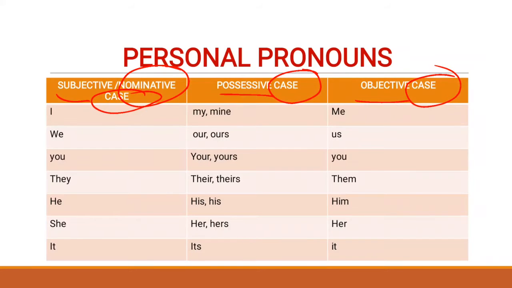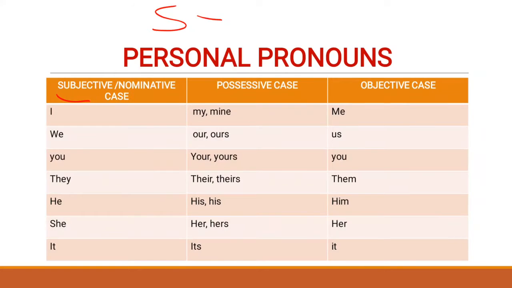I hope you remember what is subject. In our previous video, we had already understood the sentence structure, that is subject plus verb plus object, where S or subject is the doer of the action or about whom we are talking, and they always come in the beginning of a sentence.